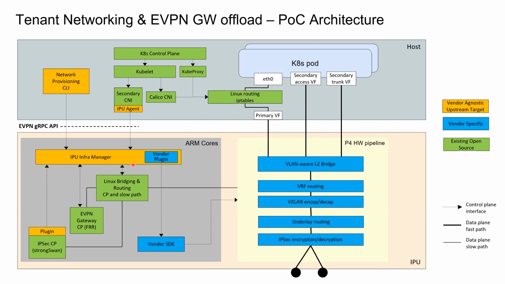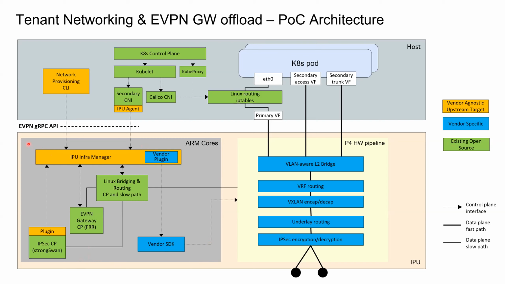It has really no knowledge about how the pipeline is programmed. There is a plugin interface here, and then there's a relatively small component that translates this information into the format that can then be programmed into the pipeline through the vendor SDK. So the bulk of this software that we have running here on the ARM cores is actually vendor agnostic.